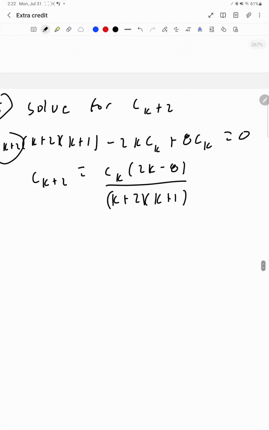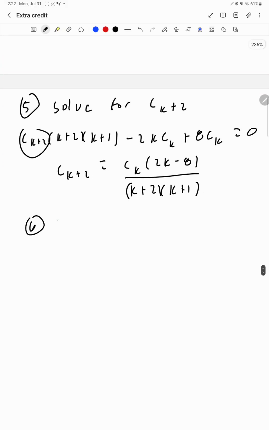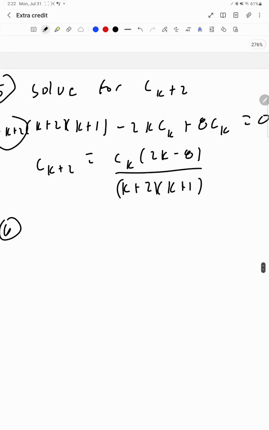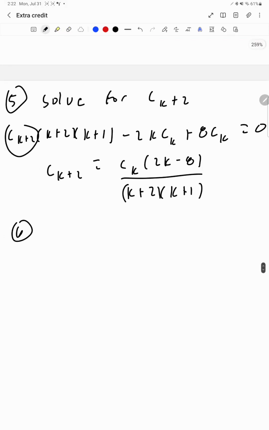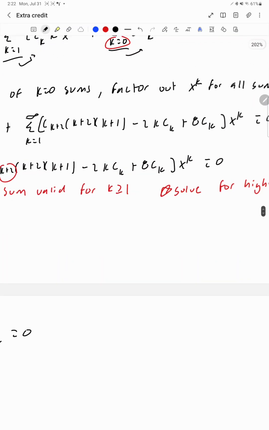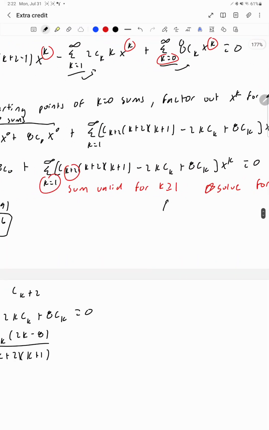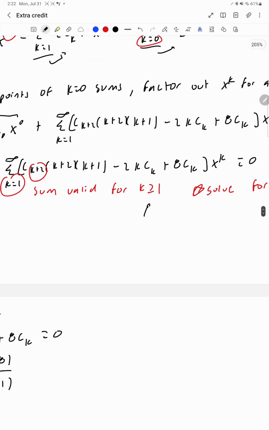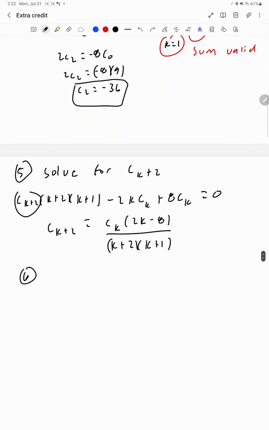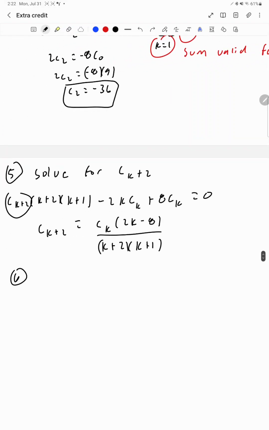Now our sixth step is that we want to find all these coefficients for y equals c naught plus c1 x, and so on. To do that, we're just going to plug in different k values until we find a pattern. Also keep in mind that because our sum starts at k equals 1, when we plug in k values to find the coefficients, it has to be more than or equal to 1.